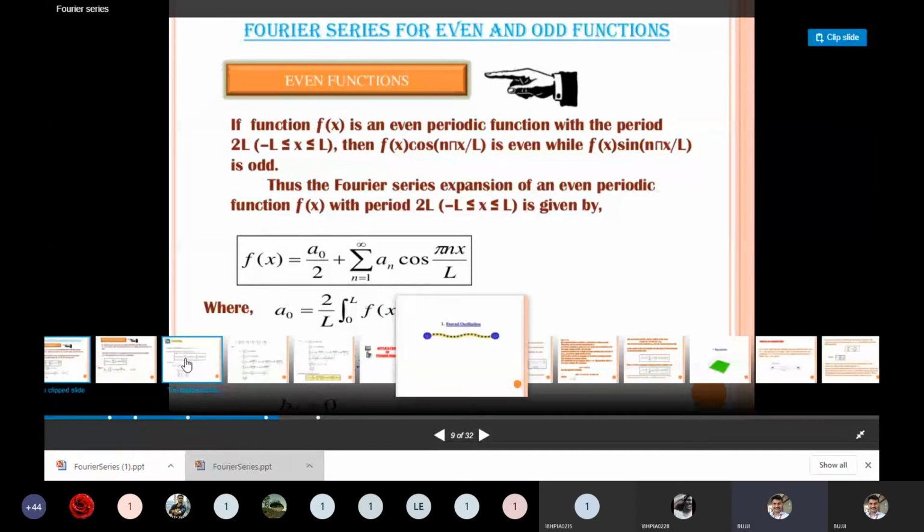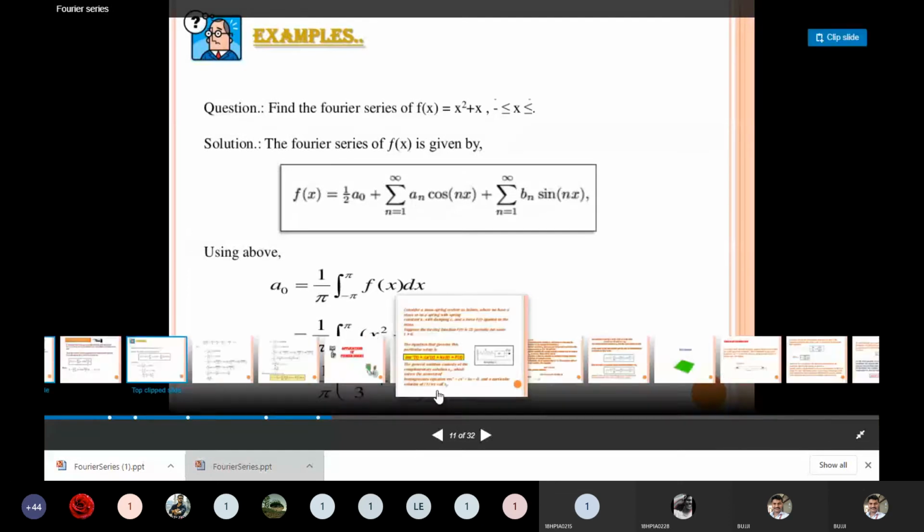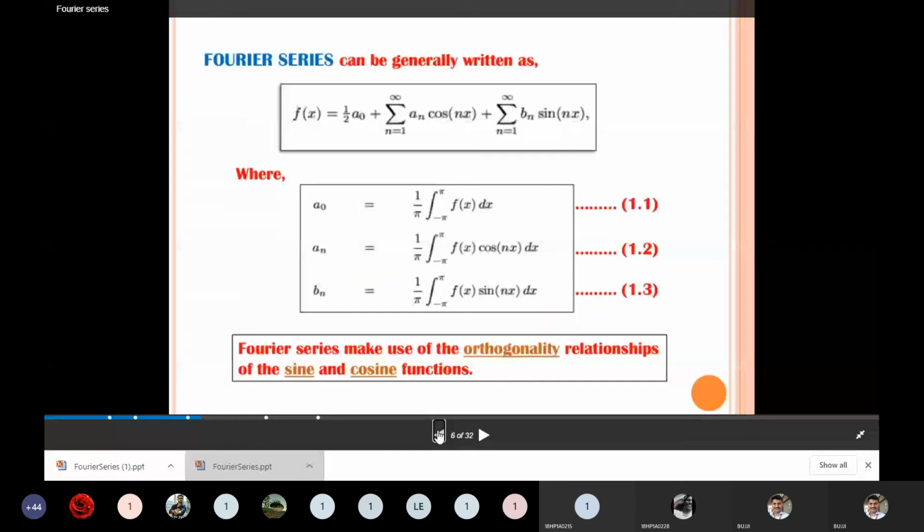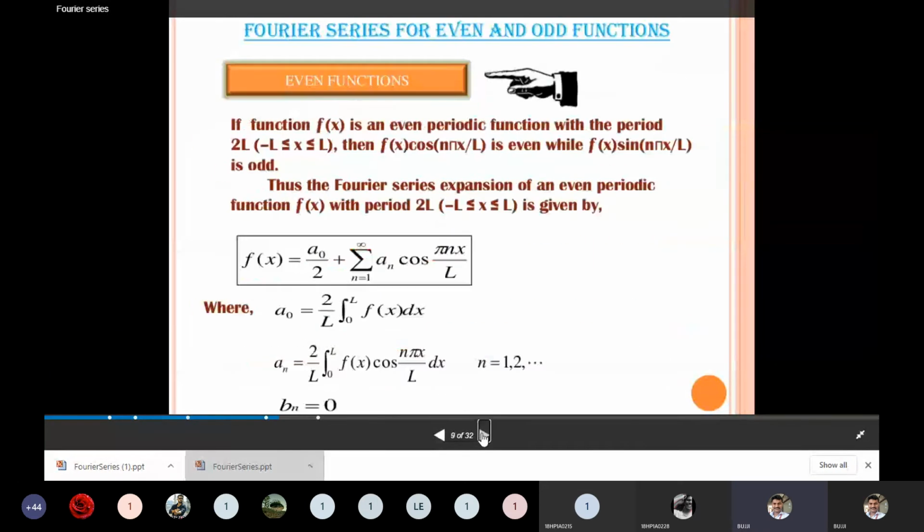Remember first functions are there, I think. Actually, minus pi to plus pi or minus L to plus L we have to write, but in this case 0 to L we have written 2 times that one. Is it clear to all of you?